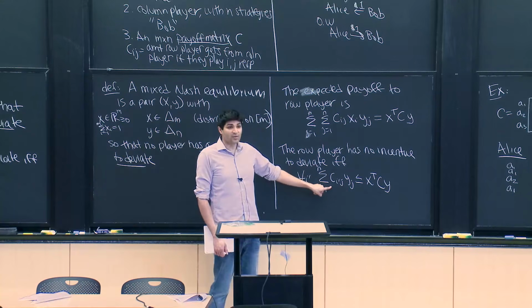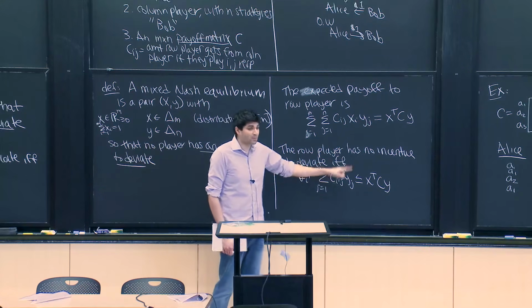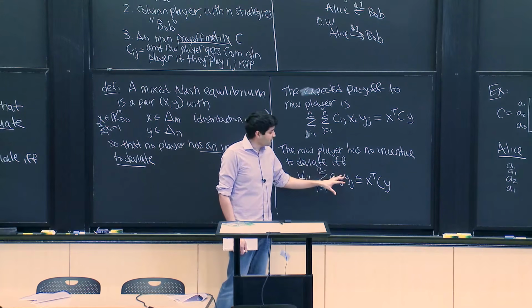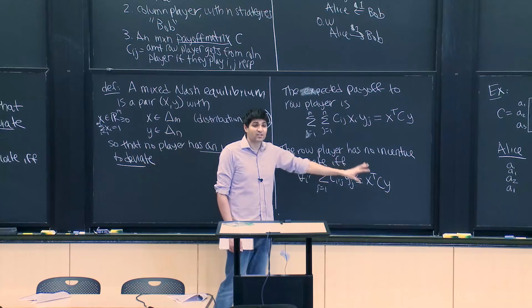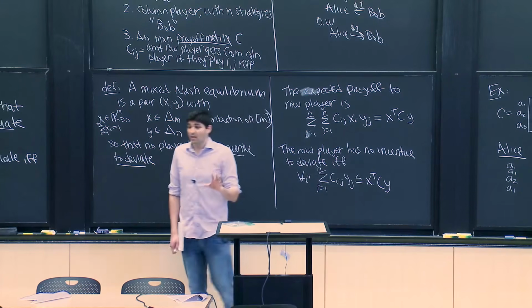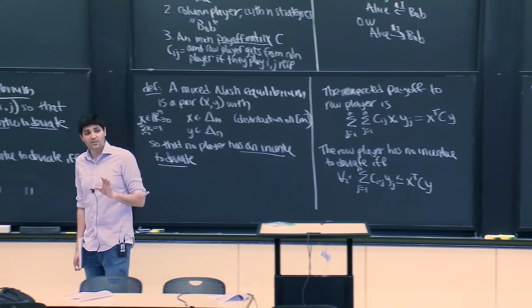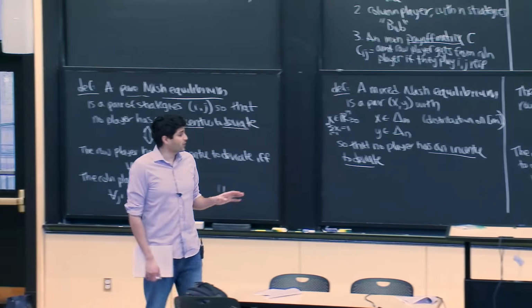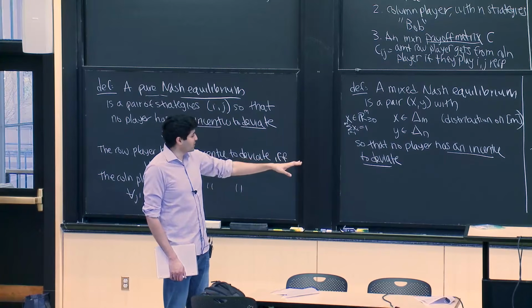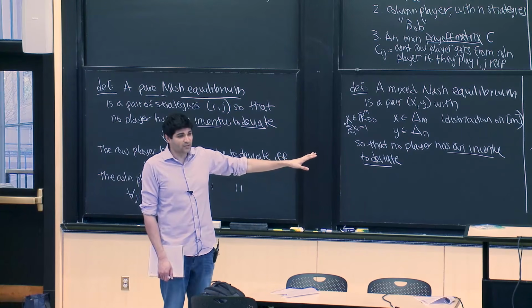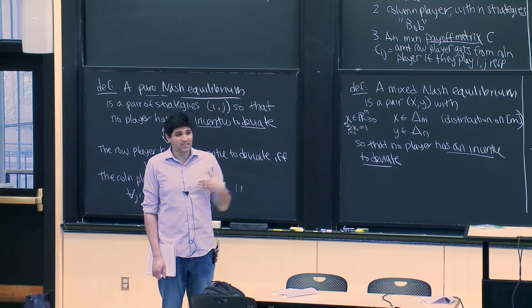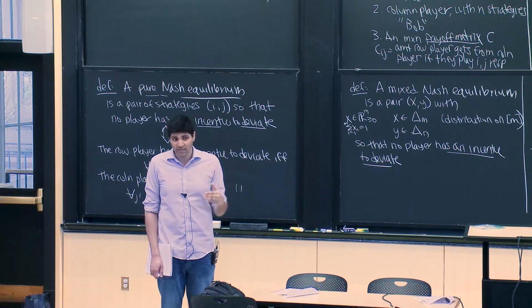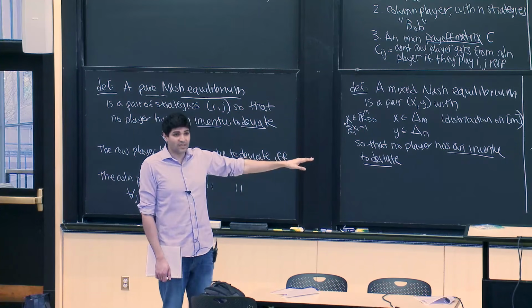But Alice is now deviating to the strategy i prime, so she always selects strategy i prime. And this is her expected payoff. And I want this expected payoff to be less than or equal to what I would get if I just stuck to my pre-announced strategy. So even though you can interpret this as a system of linear inequalities, it's important to be able to translate this back into words to understand what it's modeling. So does this make sense?